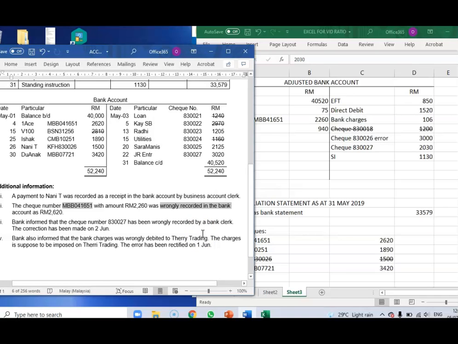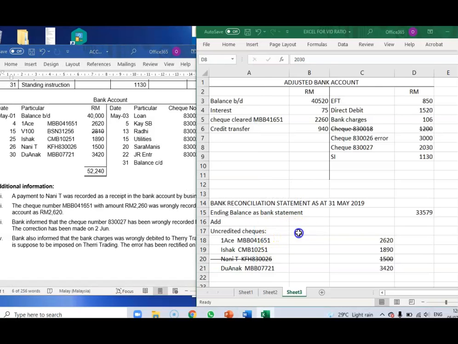It says here, in the bank account. So it is our staff error. So we need to amend the amount in the adjusted bank account. The bank statement record is not wrong. It's correct.